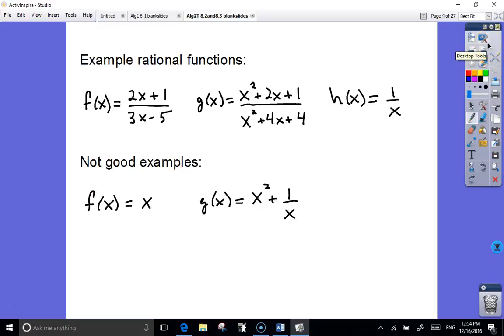So here are examples of rational functions that are in the format we just saw on the previous slide. The top three are all like one polynomial divided by another.